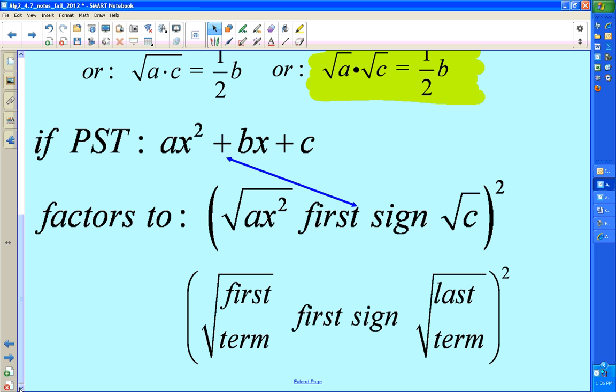It's never happened. I hope you guys are going to be it. When you have a binomial square, you square the first, you double the product, you square the last, and that's what gives you your trinomial. So when you double the product, that's where b comes back into play. A perfect square trinomial always factors to a binomial squared.